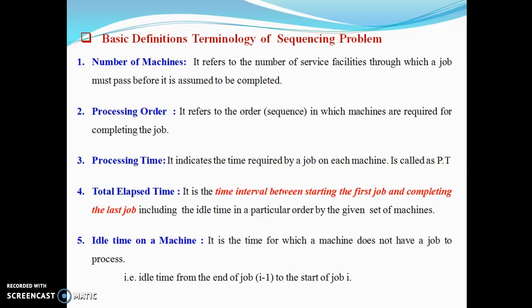For example, in the previous lecture we already discussed, a book is the job to be published, and it must be processed through various processes like composing, printing, binding and so on. Now the second definition, processing order.